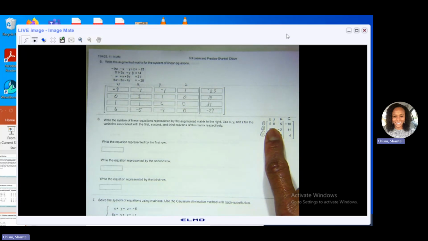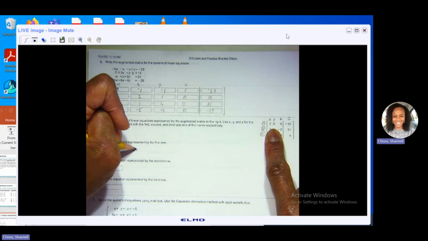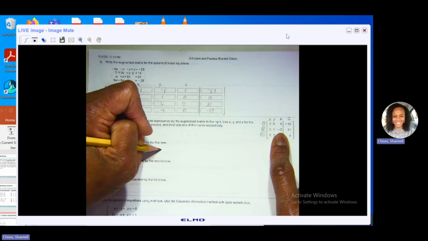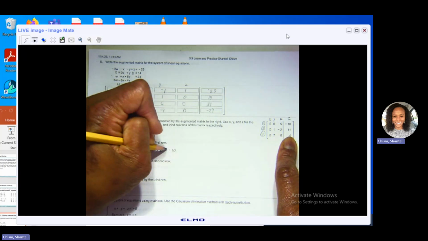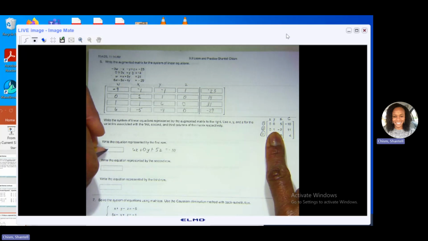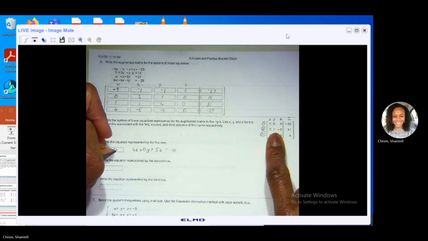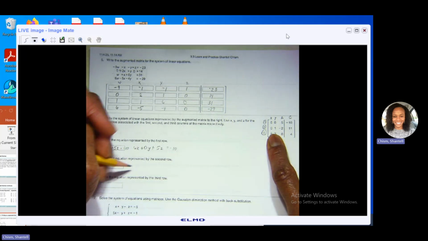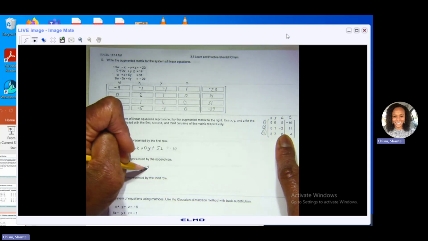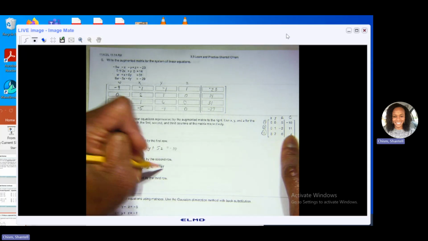So that first equation would give us 6x plus 0y plus 5z equals negative 10. And of course, when you have a zero coefficient, there's no reason to show it, so we're going to just drop that off. 6x plus 5z equals negative 10. The second equation, we've got 0x plus 1y minus 2z equals 11.